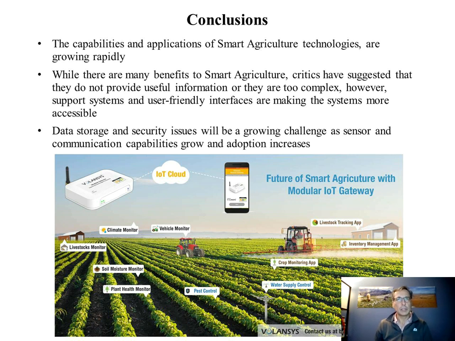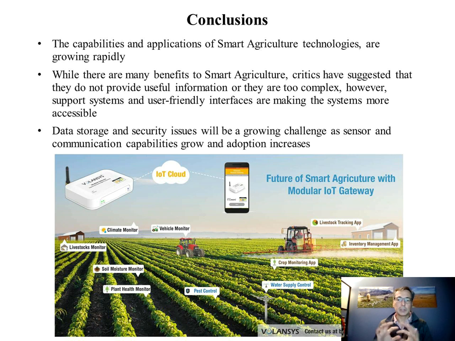But I think that as we start to gather more and more data through these smart agricultural systems, there's going to be huge amounts of data that are collected. The potential is huge. And this leads to data storage issues. It'll mean that you'll have to have much bigger storage systems either on your phone or your computer or on server systems.